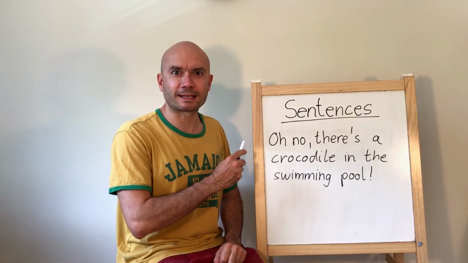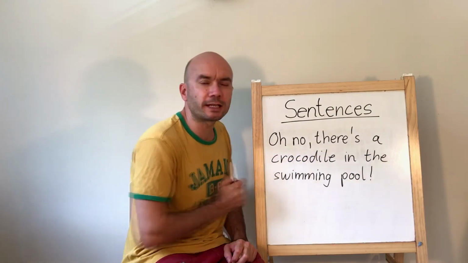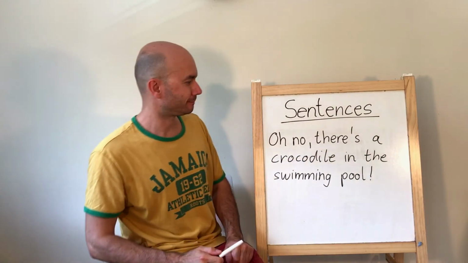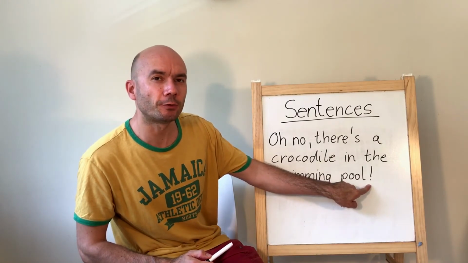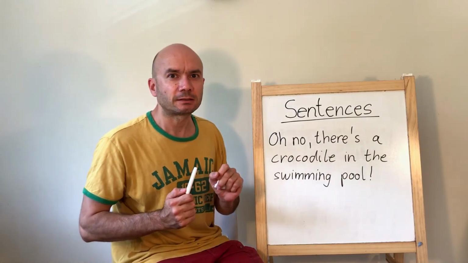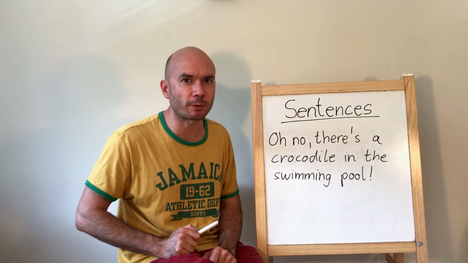So let's read this sentence. Oh no! There's a crocodile in the swimming pool. See? So I used an exclamation mark to show that I'm scared and I'm shocked and I'm warning the other people that there's a crocodile in the swimming pool.